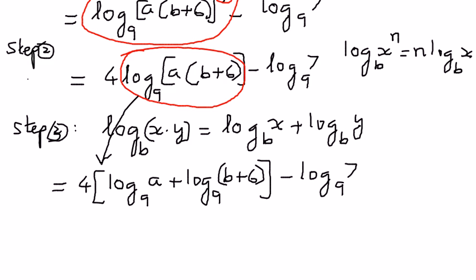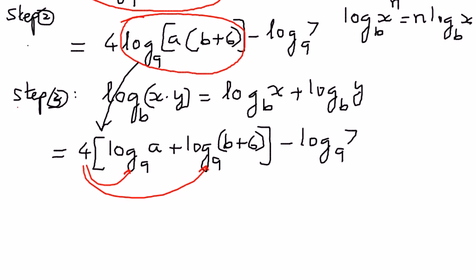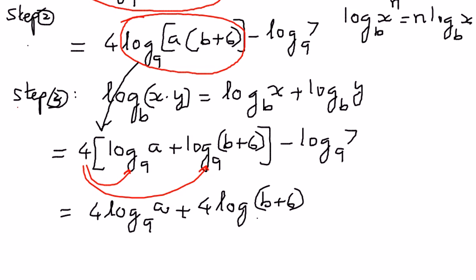Since we have 4 outside of the brackets, we can distribute the 4 to every one of the terms inside the brackets and write it out as follows: 4 log a to the base 9 plus 4 log of (b plus 6) to the base 9 minus log 7 to the base 9.